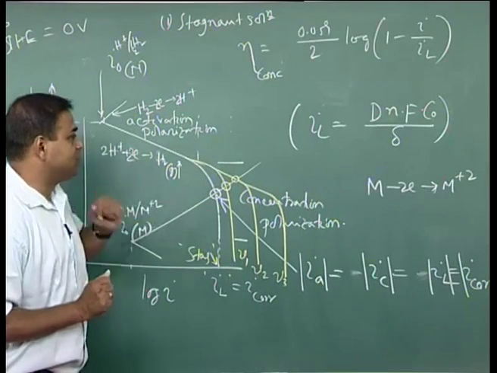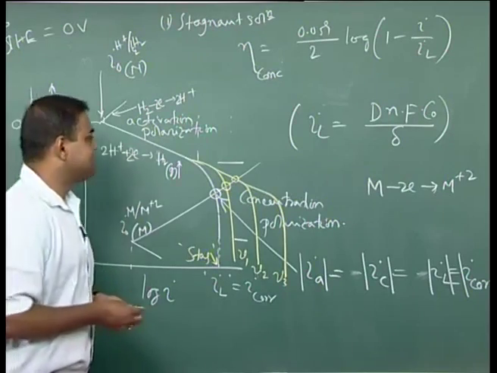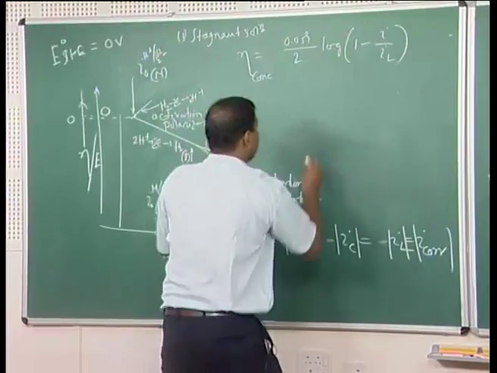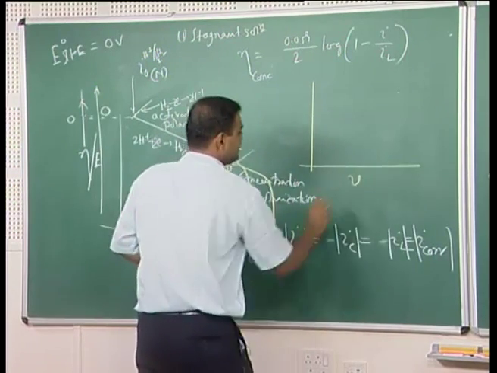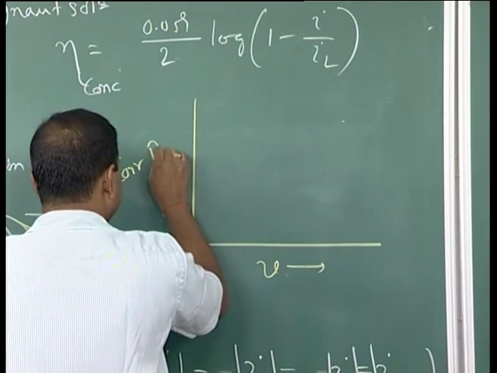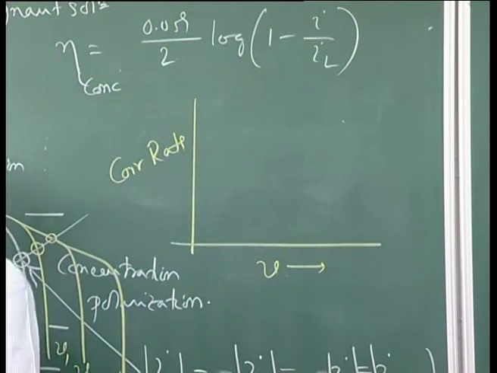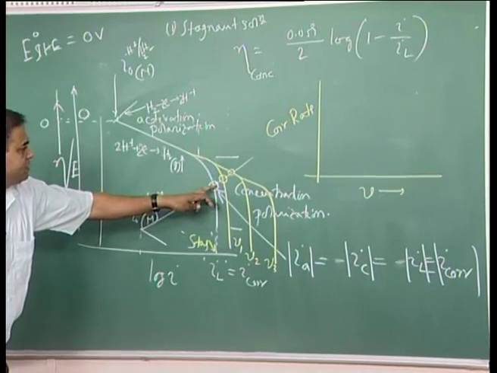So if I would like to plot the corrosion rate versus the velocity, then we will see a plot like this. Let us say this axis is velocity, this is corrosion rate. When it is in stagnant condition, what is my point?